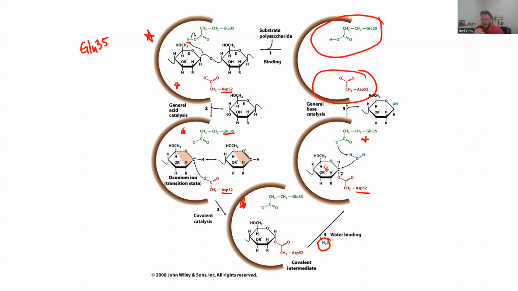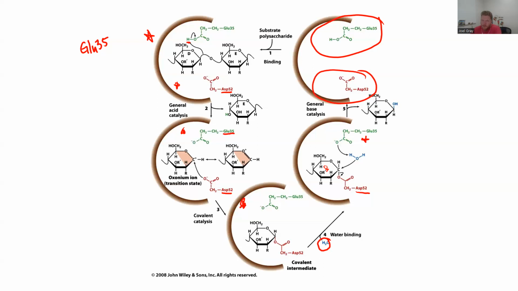This is not classified as totally acid-base catalysis because this acid-base catalysis differs quite significantly from our RNase A mechanism. In our RNase A mechanism, did we have a covalent bond between our enzyme and our substrate? No, we did not. But here we do, which is why this is classified differently.